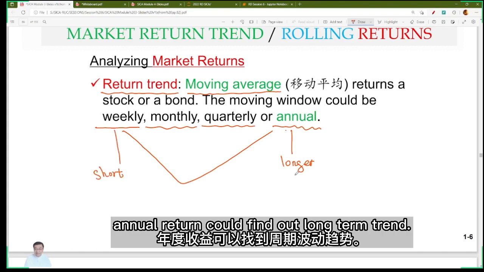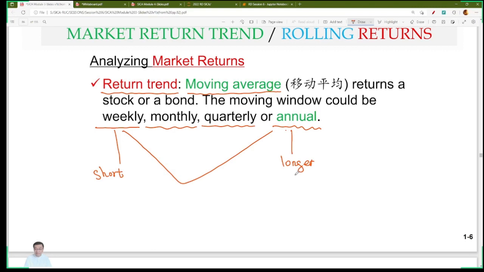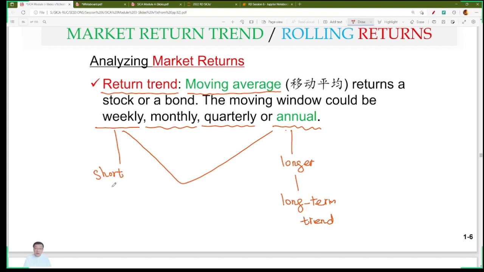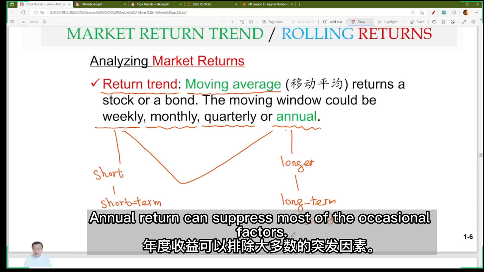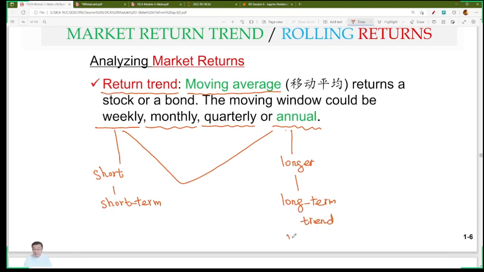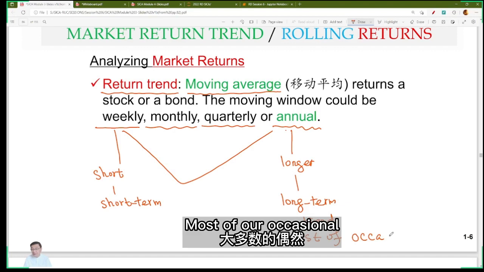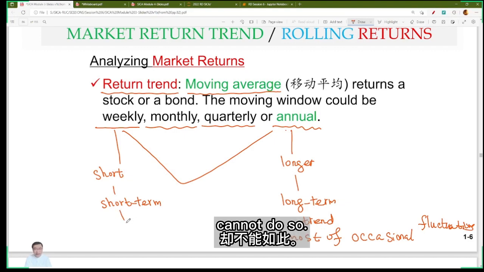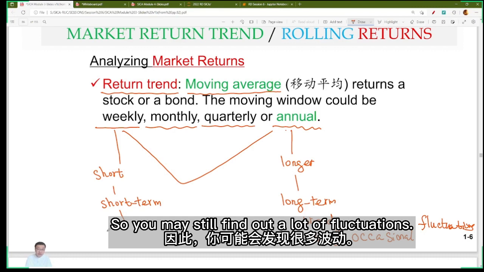Annual return could find out the long-term trend, while weekly return can only find out the short-term trend. Annual return can suppress most of the occasional factors or fluctuations, while weekly return cannot do so, so you may still find a lot of fluctuations.